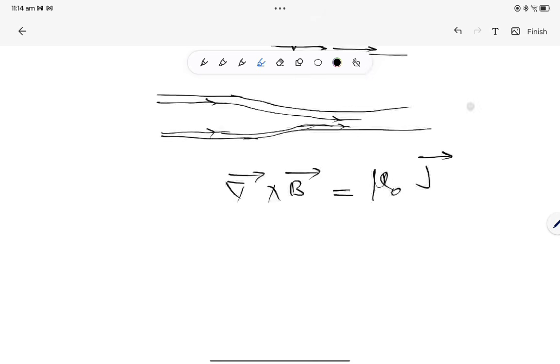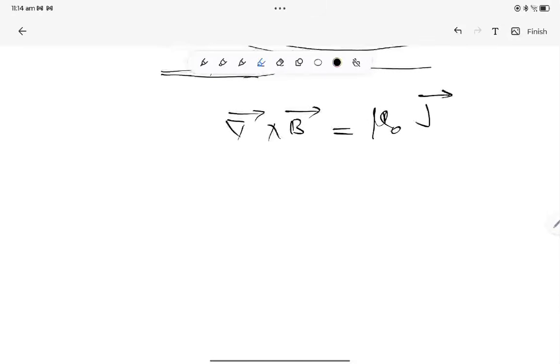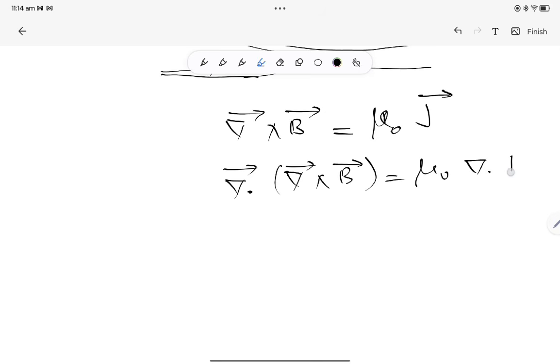And then if you want the divergence of both sides to vanish, then this is one thing. And the divergence of a curl always vanishes. Del dot del cross B is always zero, and mu naught del dot J. Then till this stage, the equation is wrong.